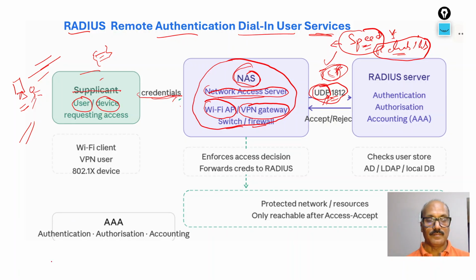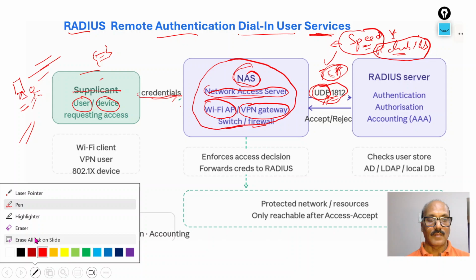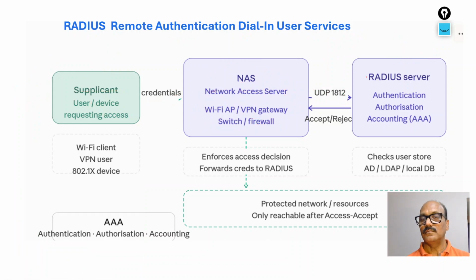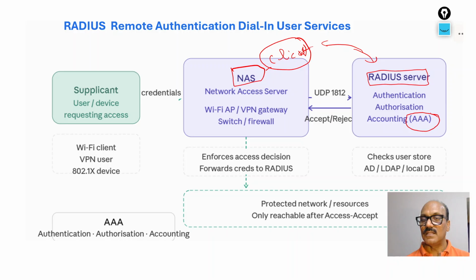Okay. Now, the RADIUS server. This is the main thing. The NAS is a subservient client of the RADIUS server. This RADIUS server contains all three: authentication, authorization, accounting.